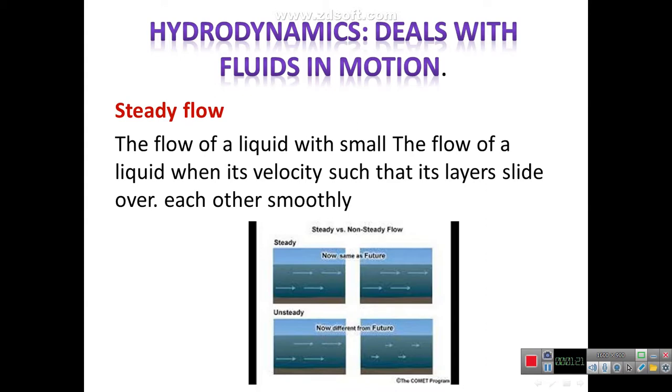As we can see here, when a liquid moves such that its adjacent layers slide smoothly with respect to each other, we describe this motion as laminar flow or streamlined steady flow, where every small amount of liquid follows a continuous path called streamlines.